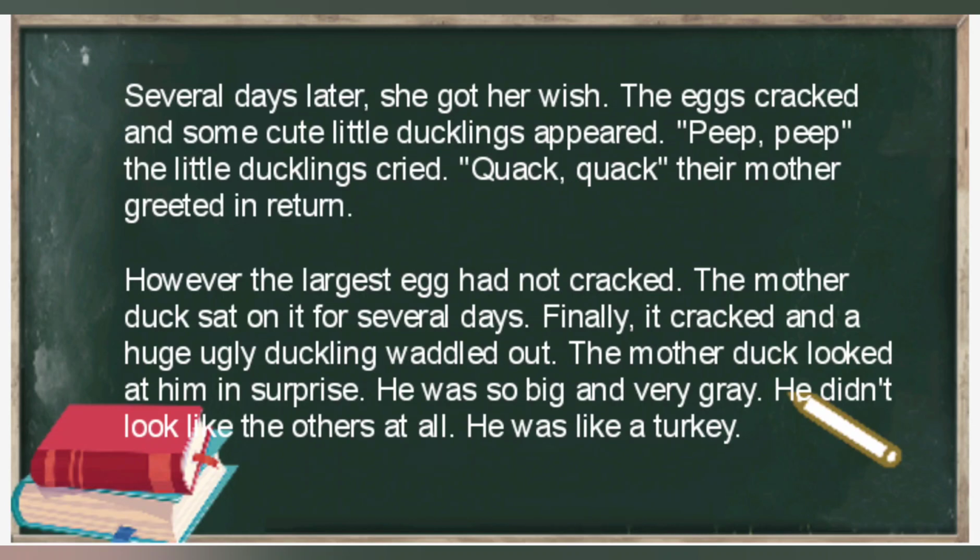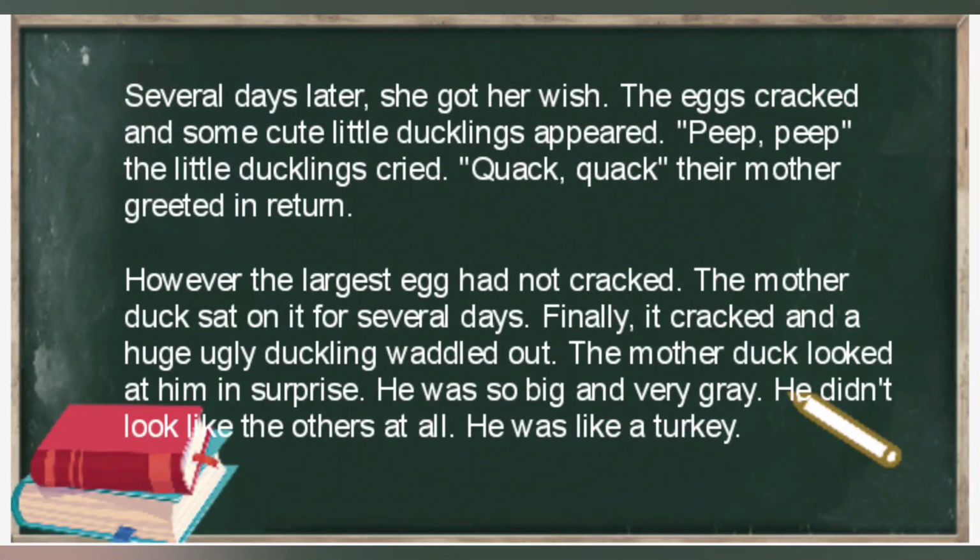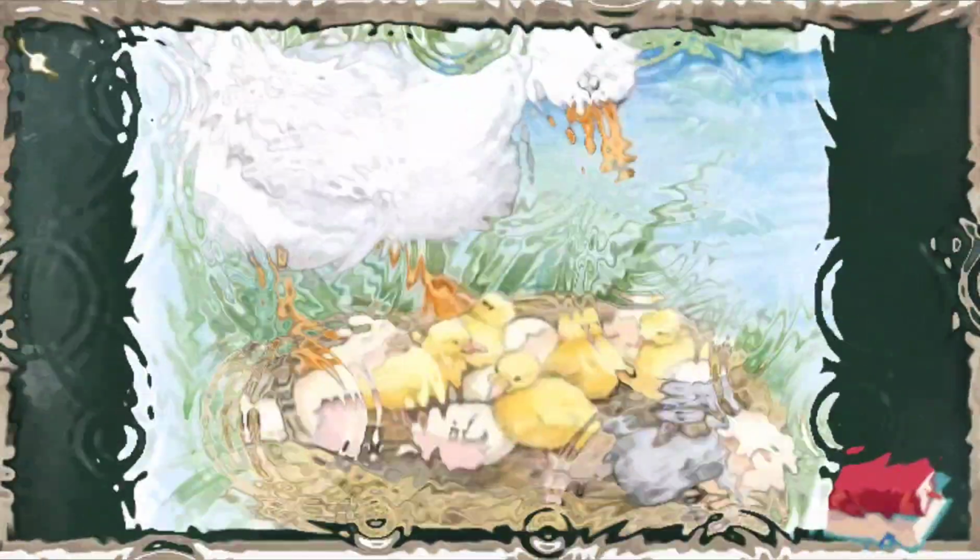However, the large egg had not cracked. The mother duck sat on it for several days. And finally, it cracked and a huge, ugly duckling went out. The mother duck looked at him in surprise. He was so big and very gray. He didn't look like the others at all.